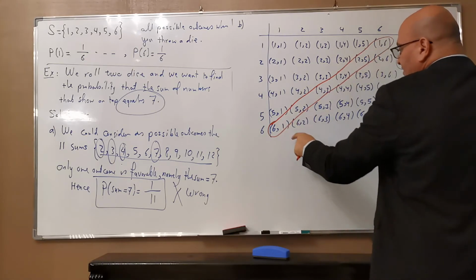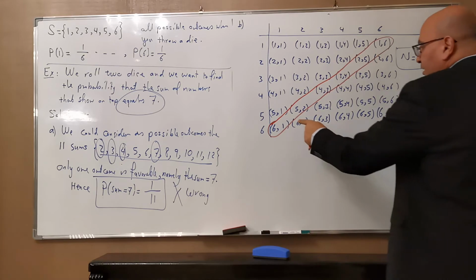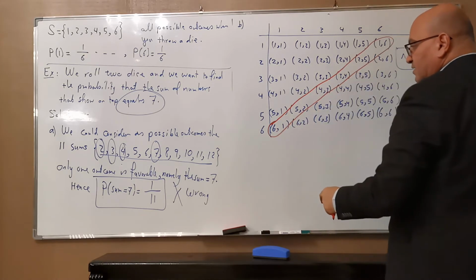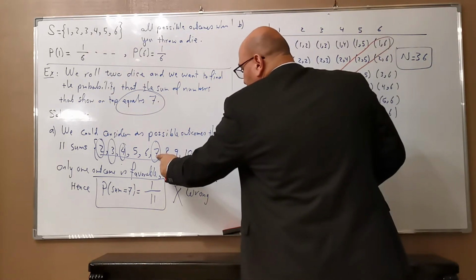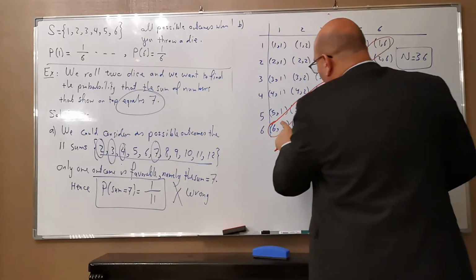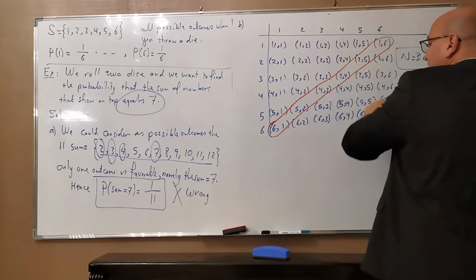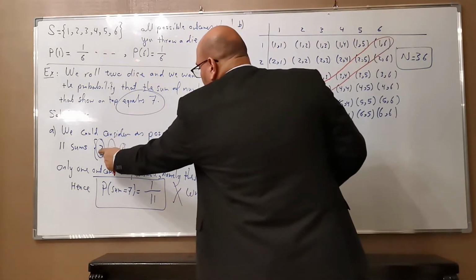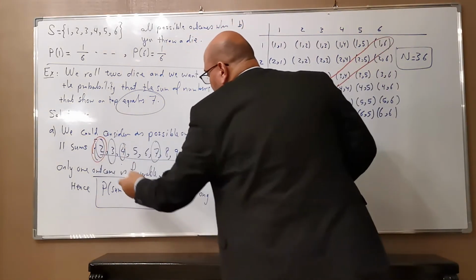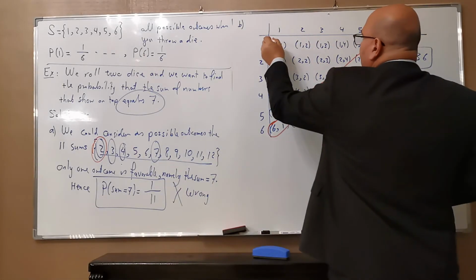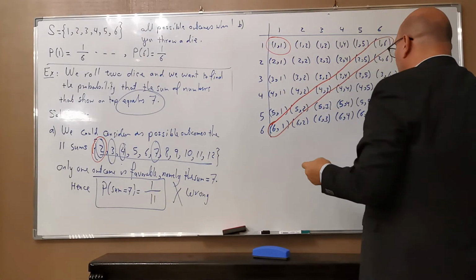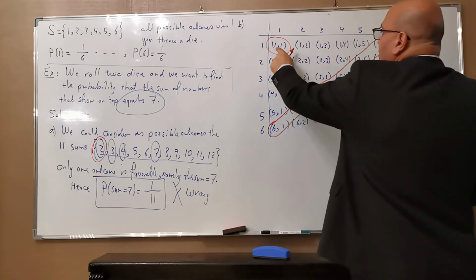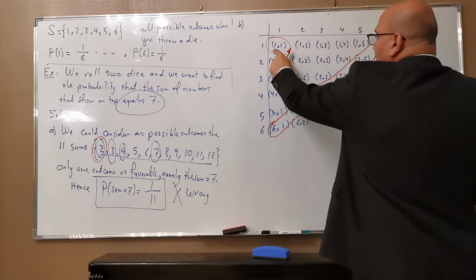All of them have exactly the same probability, and all of them give us a sum of 7. So this 7 is coming from 6 different combinations. As for the 2, it comes from only one possible outcome, which is 1 and 1.